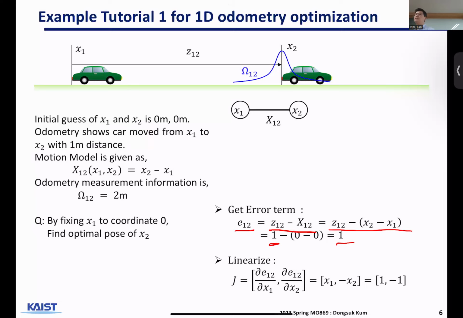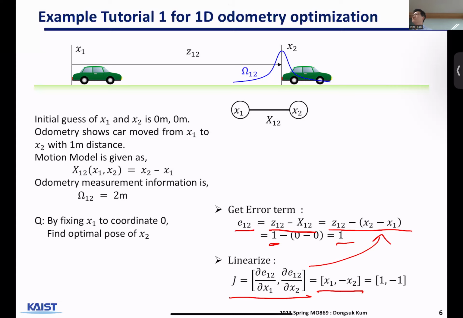And for the linearization part, we need to compute the Jacobian, which is del E12 over del X1 and del E12 over del X2. And if you compute that for this equation, then you will get minus 1, 1.